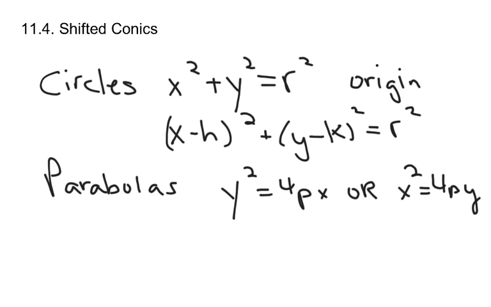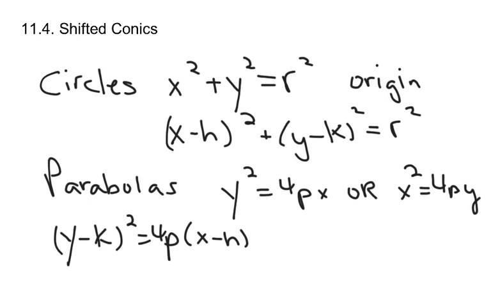So if its vertex is somewhere else on the coordinate plane, the vertex changes to h, k. Let's see. x minus h squared is equal to 4p times y minus k.